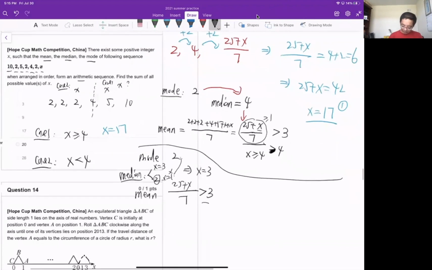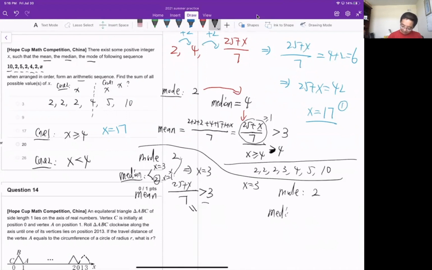If x equals 3, what is the mean? Let me write everything. It's 2, 2, 2, 3, 4, 5, 10. So the mode is 2, always 2.